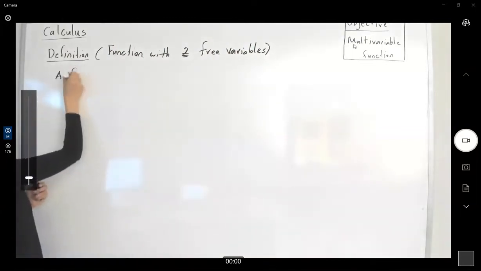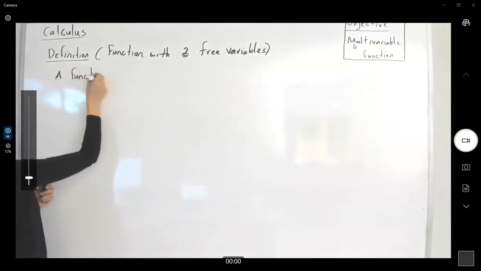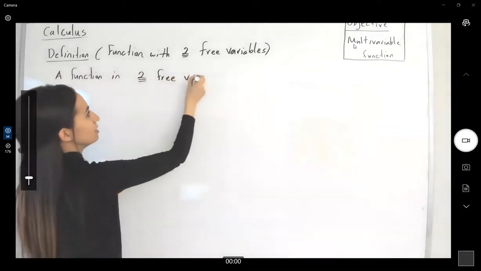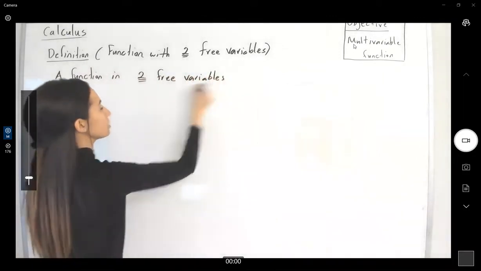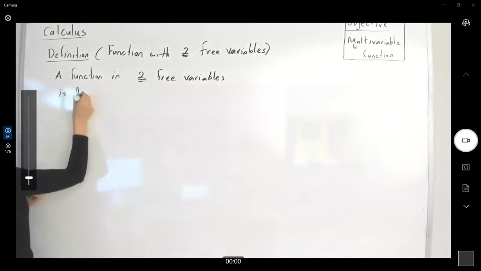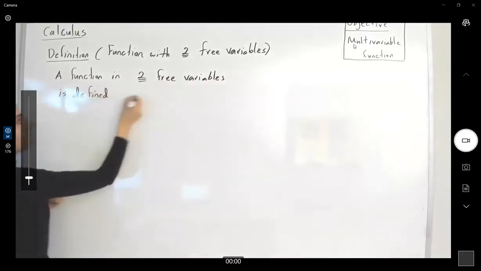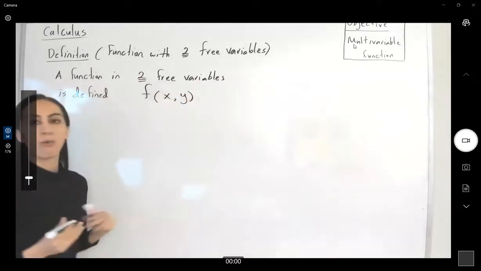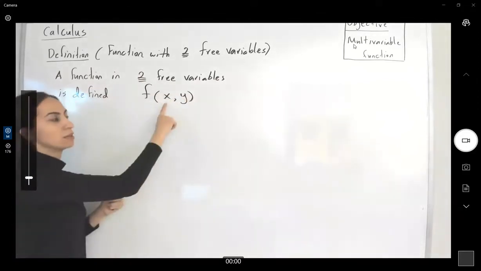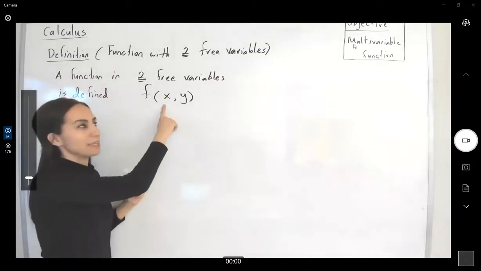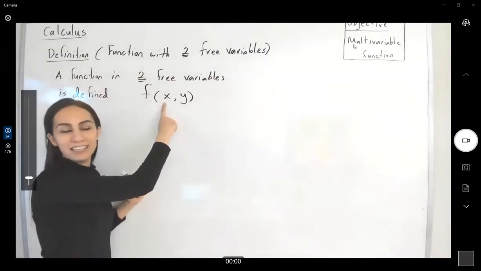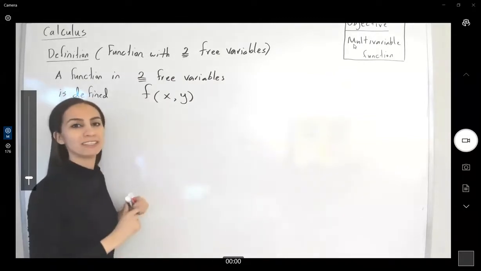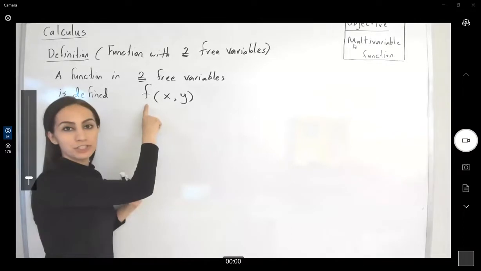So a function in two free variables is defined as f of x comma y. You're allowed to plug in freely values for x and for y. So this is a machine.